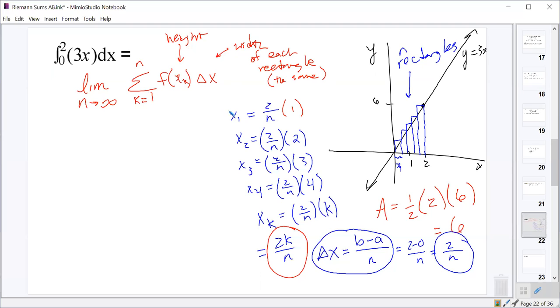X sub 1 is different than x sub 2, as I go from 1 to n. X sub 1 is different than x sub 2 is different than x sub 3. So we have different heights because each of these rectangles has a different height. And so we're finding the x value to plug into our function 3x that tells us the height at each of these different rectangles, at each of these infinite number of rectangles.